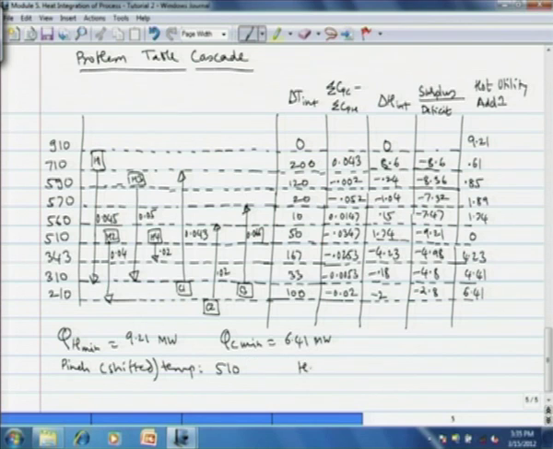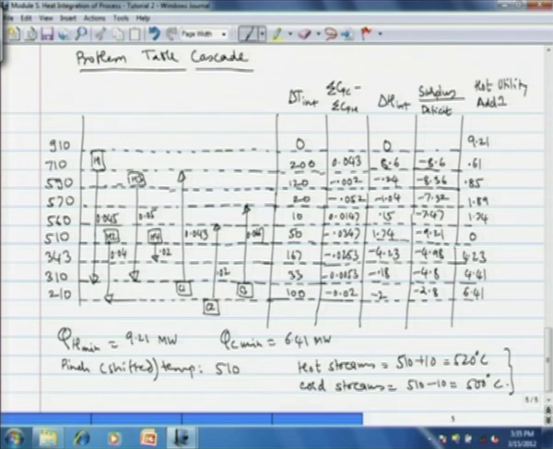That means for hot streams the temperature is 510 plus 10, that is 520 degrees centigrade, and for cold streams the temperature is 510 minus 10, which is 500 degrees centigrade. So, these are the pinch temperatures.